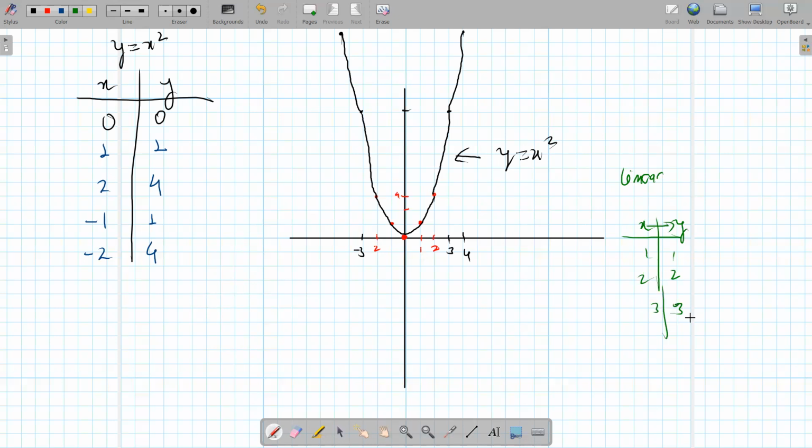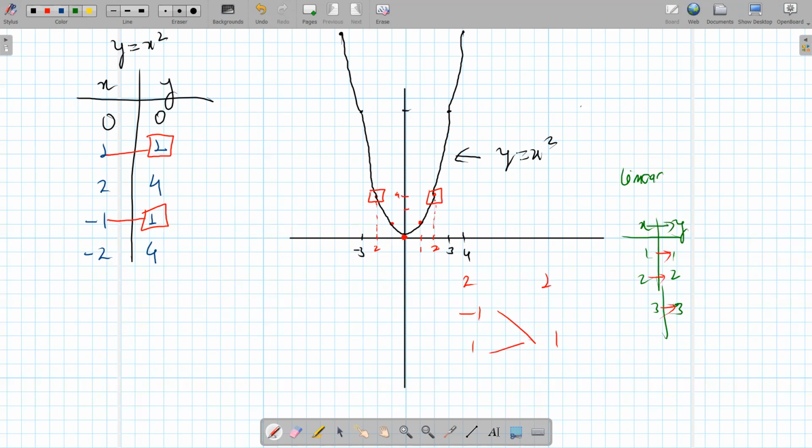But if you look at x squared, for every one y value there are 2 different x values. So -1 and 1 both give you 1. It's a 2 to 1 ratio. That's why linear means it's a 1 to 1 ratio.